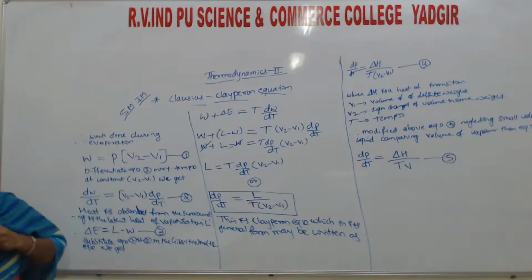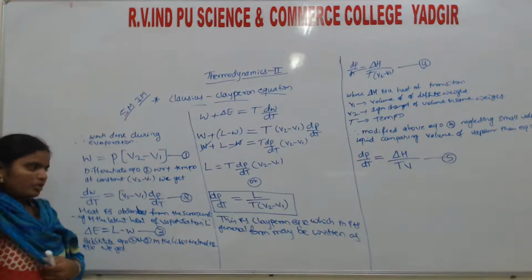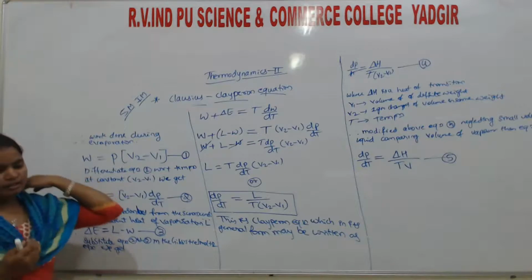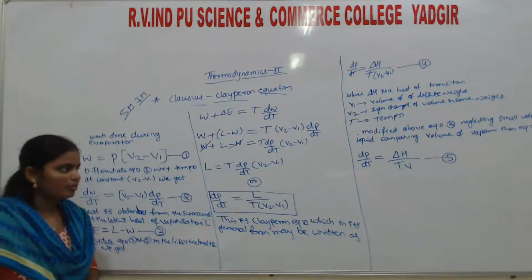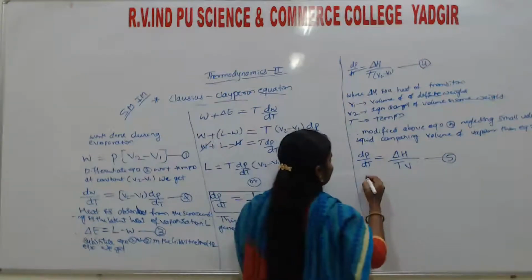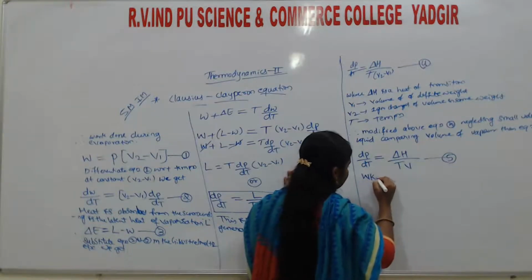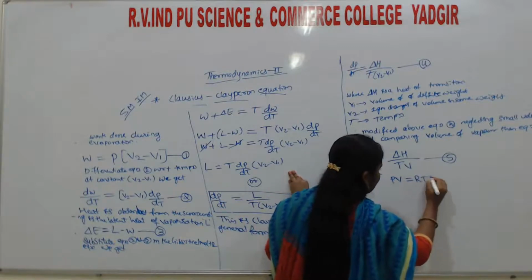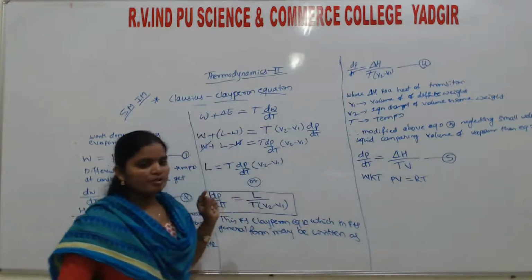Here dP divided by dT is equal to delta H divided by T into V. We know that PV is equal to RT.